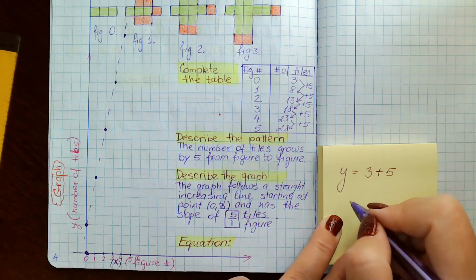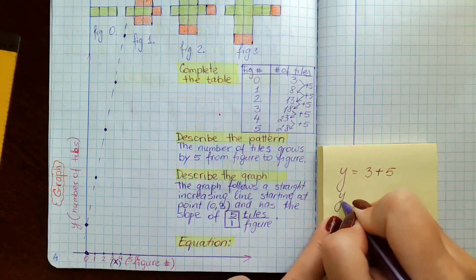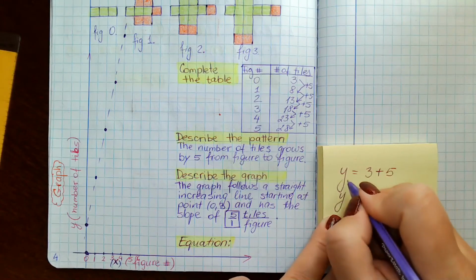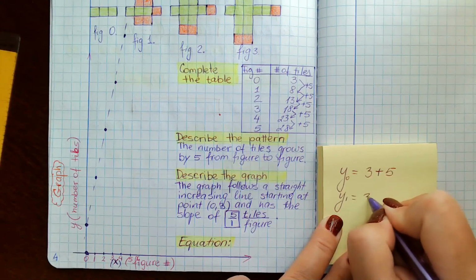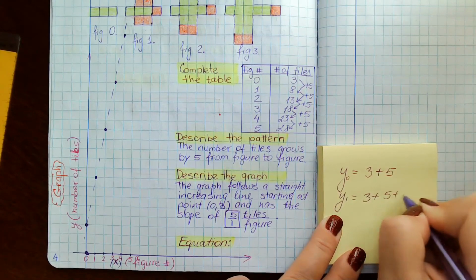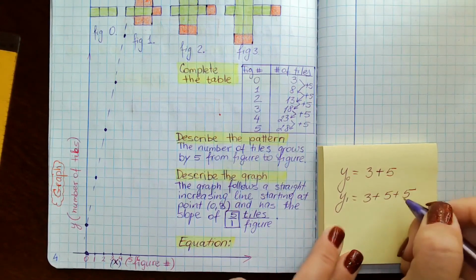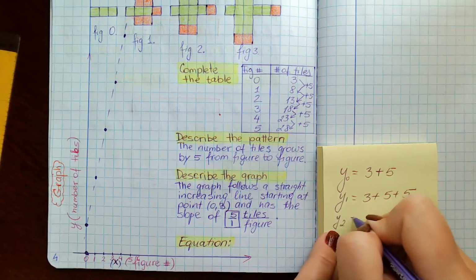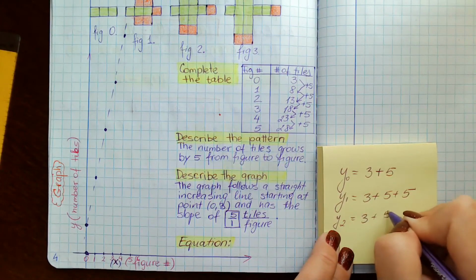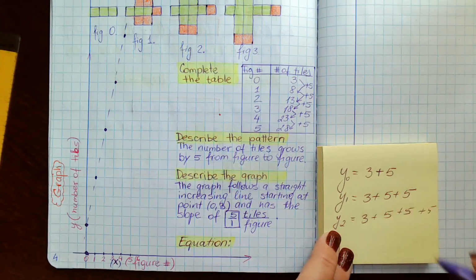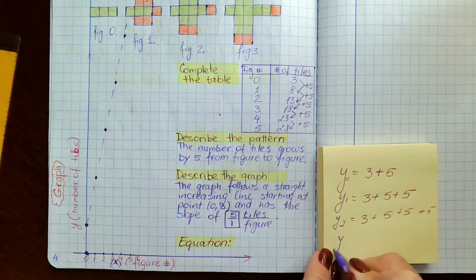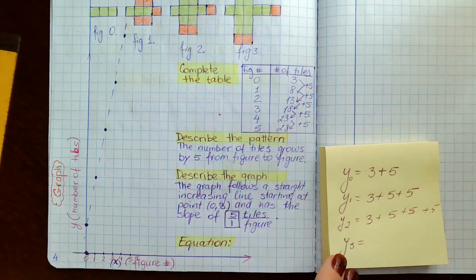So the next figure, the figure called 1, was 3 plus 5 and 5 more. Okay, and then the next figure was 3 plus 5 and then plus 5 and then plus 5. So for every additional figure, we are adding another 5.